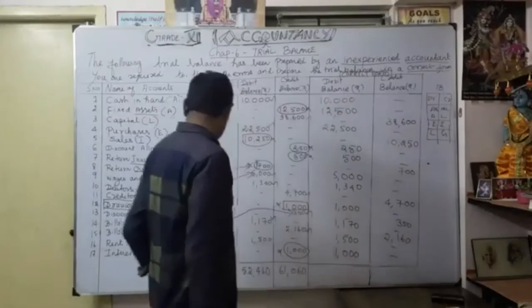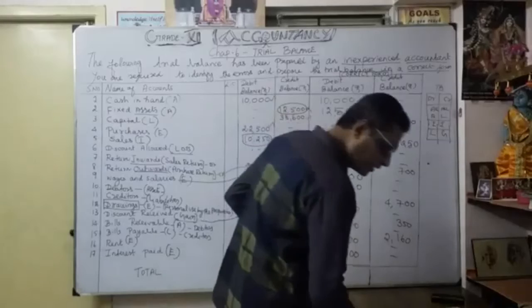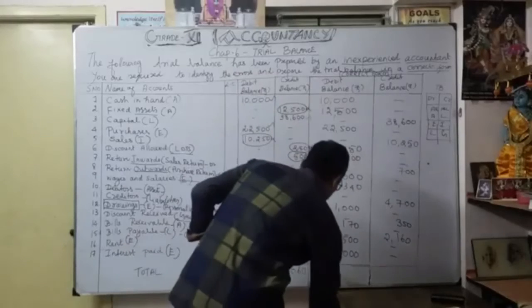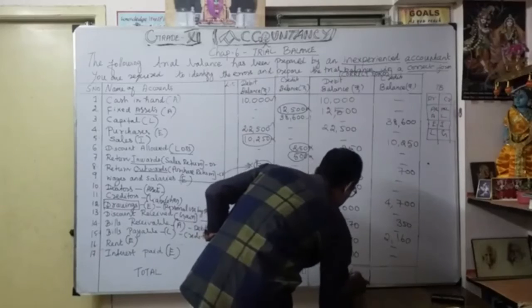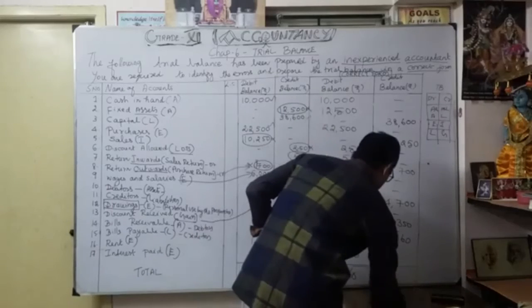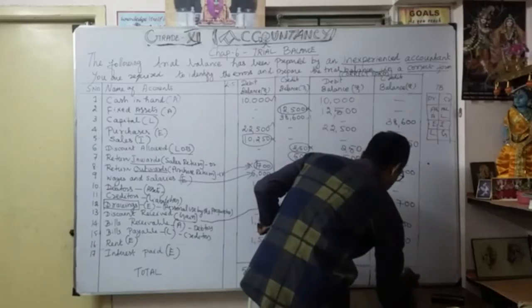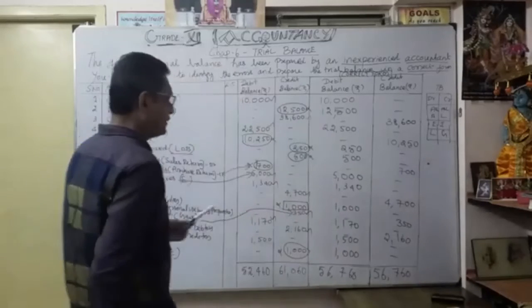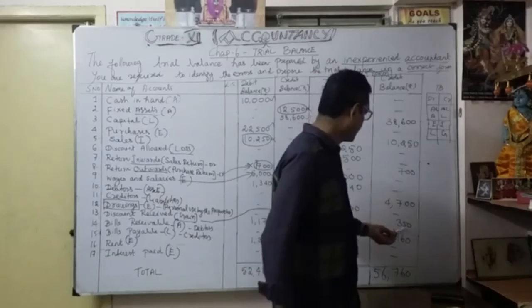Now see what the total is. Verify how much the total has to come. So it will come, you check it, 56,760. Here also 56,760. So see here, 0, 5 plus 5, 10, 16.